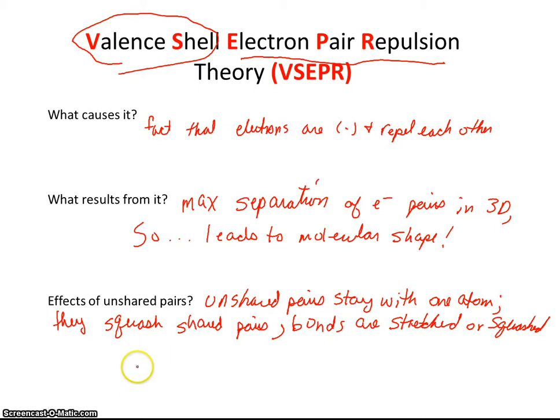For example, let's take a look at CH4, and I'm going to try to do it justice here in 3 dimensions. This guy's sticking out a little more. These angles are all 109.5. However, if we look at a similar structure, like NH3, for example, who has an extra pair there, essentially this bond gets squashed.